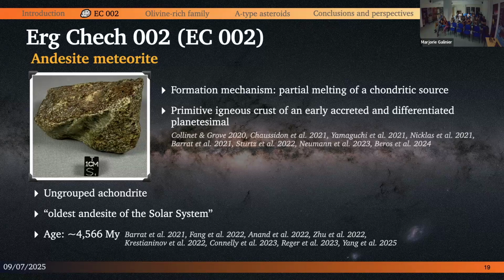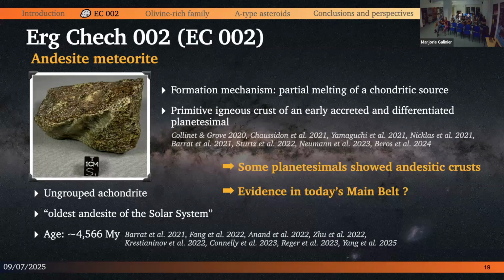This meteorite has a formation mechanism that is consistent with the partial melting of a chondritic source, and it is thought to have formed in the crust of an early accreted and differentiated planetesimal. So this is a differentiated meteorite, and it teaches us that not all planetesimals have basaltic crusts, but some have andesitic crusts. And we wondered, is there evidence of such andesitic asteroids in the main belt today?